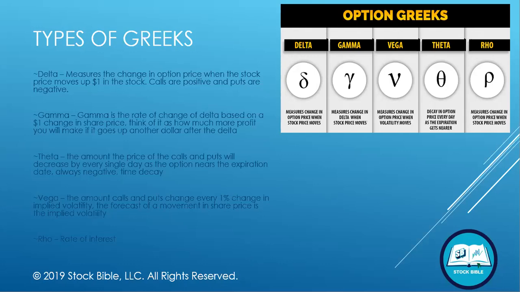So vega is the amount the calls and puts change for every 1% change in implied volatility, and it basically forecasts the movement in share price based off of the implied volatility. I personally don't really use vega, and you'd have to really understand implied volatility in order to understand vega.